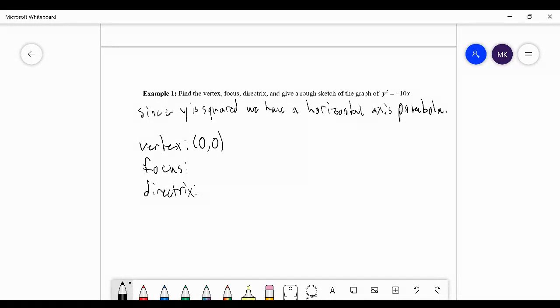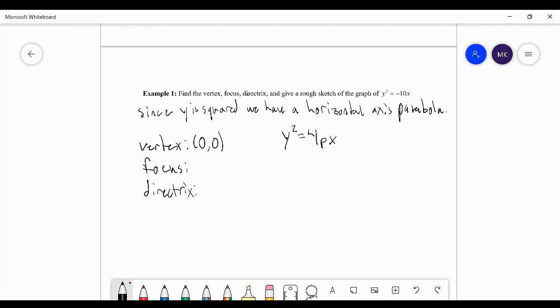So now what we have to try and find is our focus and our directrix. Once we know our p-value, this becomes really simple. We know that the general equation we're dealing with here is y squared equals 4px.